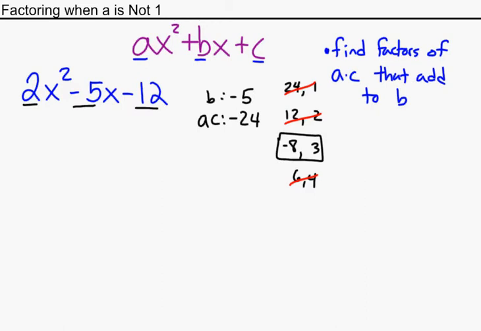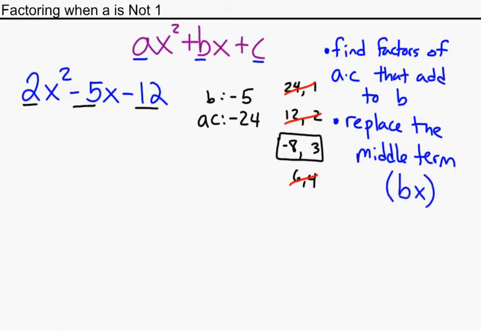And now I need to go through and do a little bit more with them than I did with a equals 1. With a equals 1, I could hop right to my answer. But now I have to take those two numbers and use them to replace the middle term. And by middle term, I'm referring to the bx term.